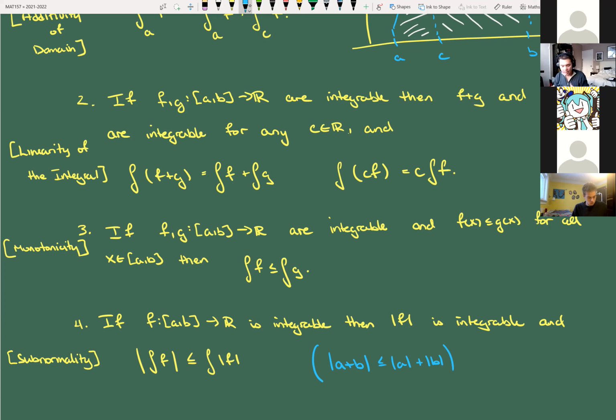And you could, of course, extend this for any finite sum that you want. So if you think of the integral as being this infinite continuous sum, then that's exactly what this is. You've got a big sum on the left-hand side. You want to pass the absolute value onto each of the individual components of the sum. And when you do that, you can do it, but you have to put a less than or equal to sign. So that's exactly what this is.